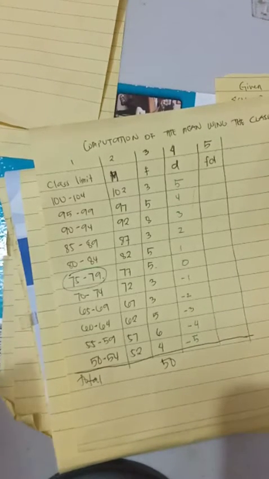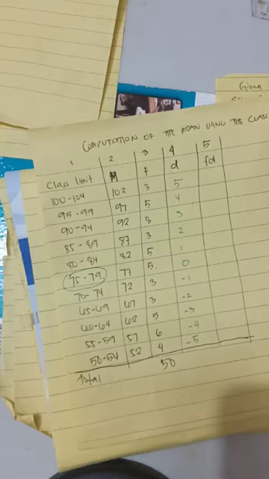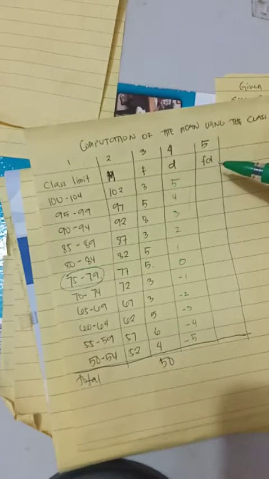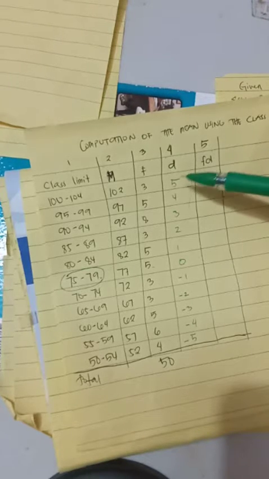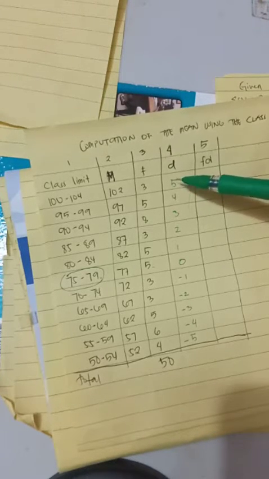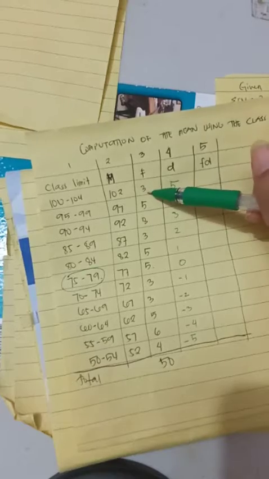Step 3, we need to multiply the deviation by the frequency to get the frequency deviation. So in order to get the frequency deviation, we need to multiply our deviation by the corresponding frequency.